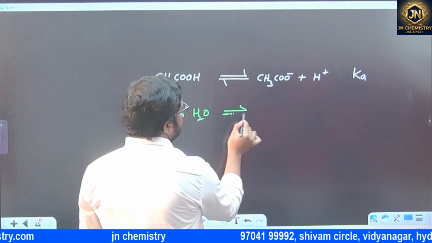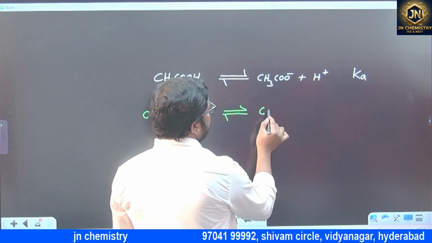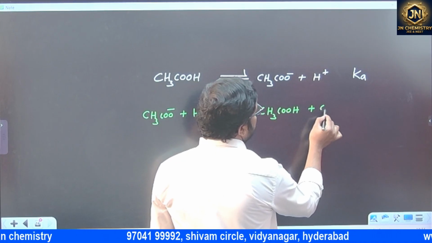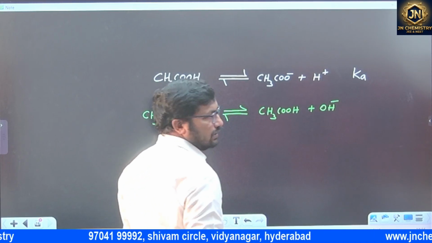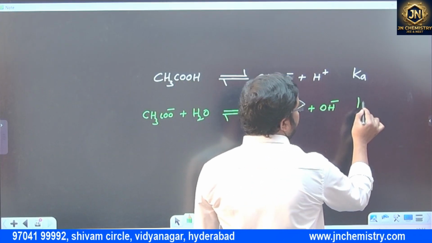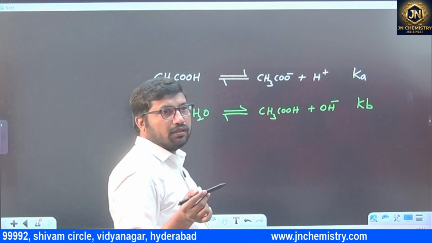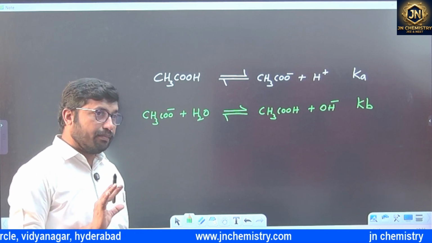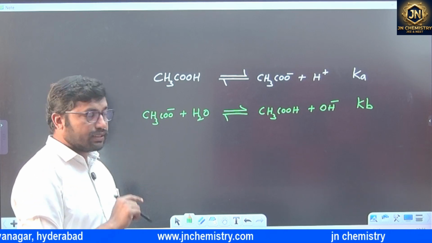On hydrolysis, I'll get CH3COOH plus OH minus. This I would like to call Kb. I told you that Kb is defined for bases as well as anions, in this class only.